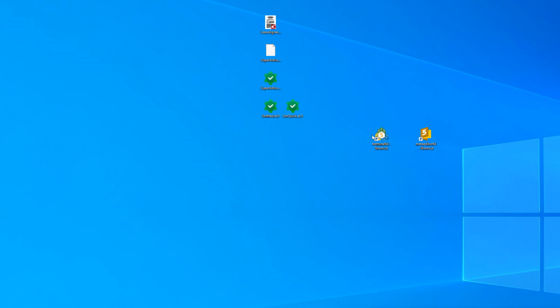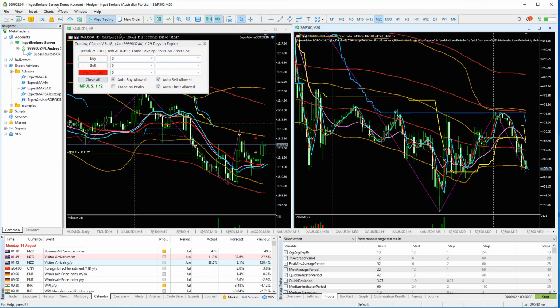You have MetaTrader 5 and your MetaEditor. How can you find where to install the files? Easy. Start your MetaTrader and click on Advisors in the navigation section.